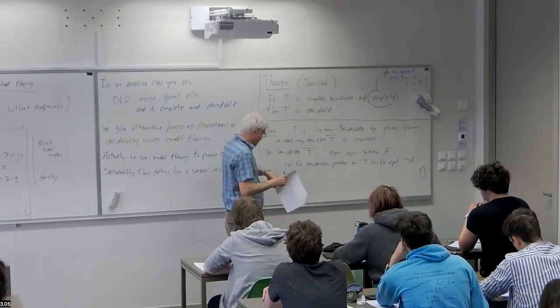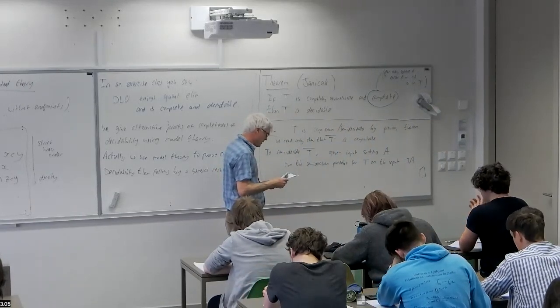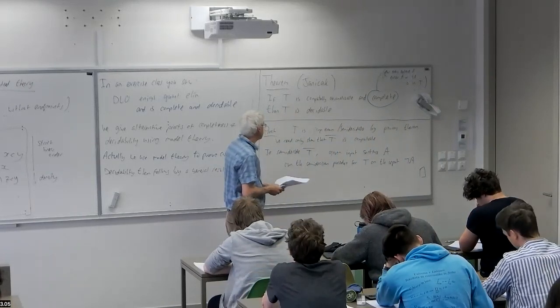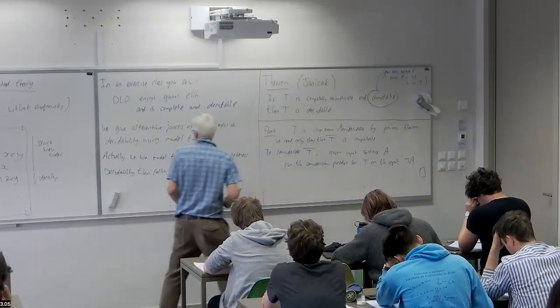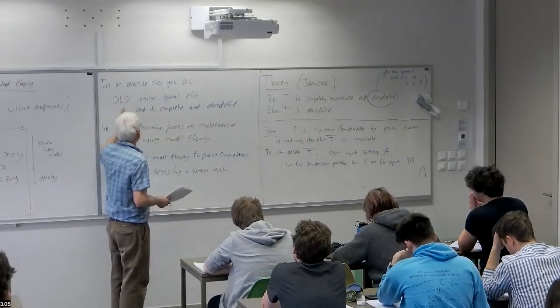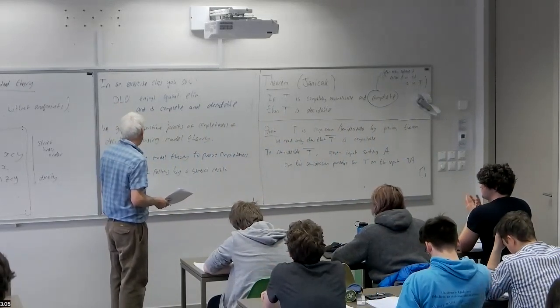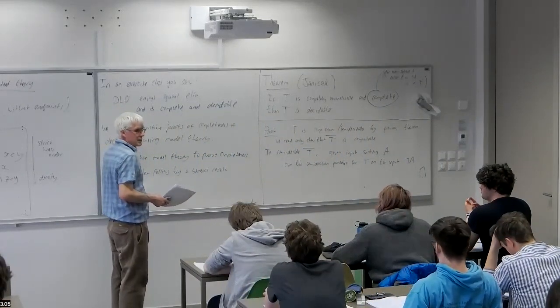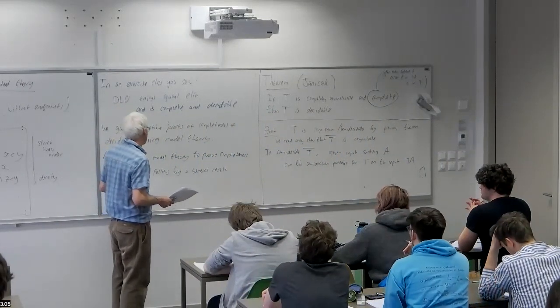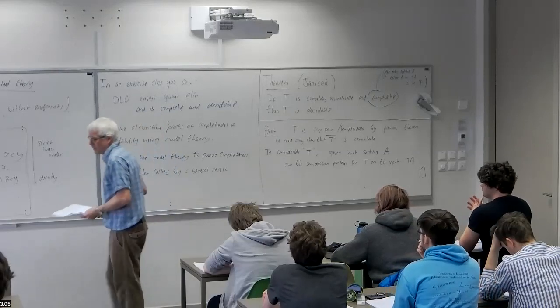So the remaining thing is to prove that, so I want to apply this to the theory of dense linear order. And so we now want to use model theoretic techniques to prove that the theory of dense linear orders is complete.